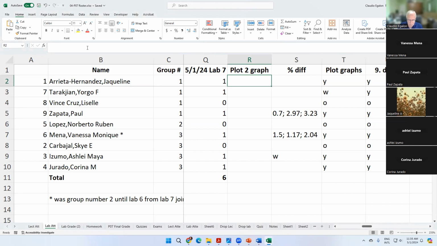Oh, both. Okay, that's good. How does the slope of the second graph compare with the resistor value in your table? The question is for you, Jacqueline. I haven't checked on that yet.